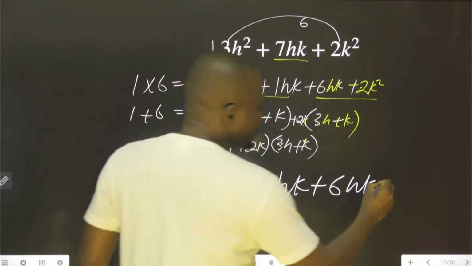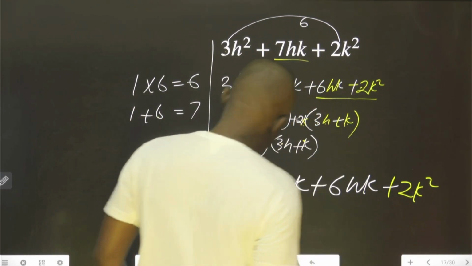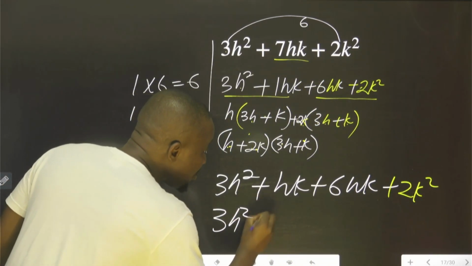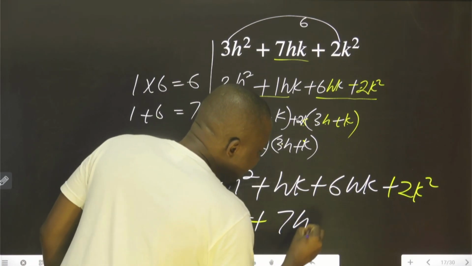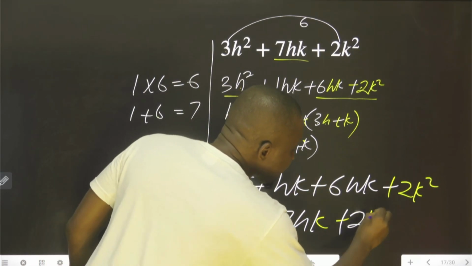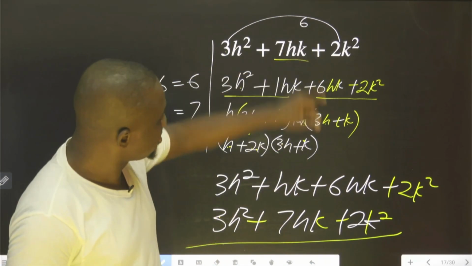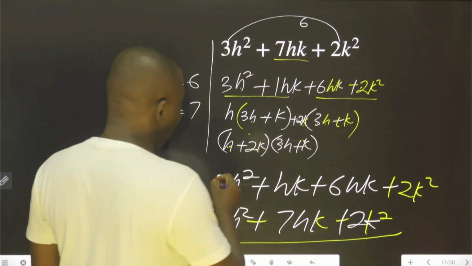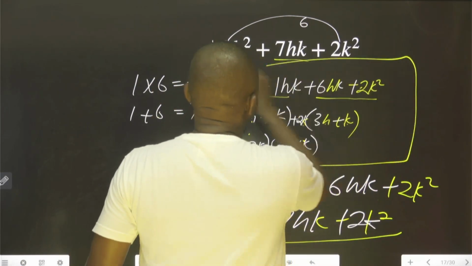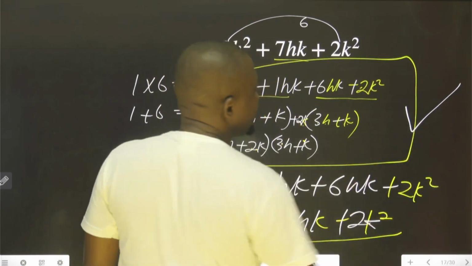This multiplied by this is plus 2k squared. That is 3h squared plus 7hk plus 2k squared. Are we the same? So it means we are correct with our solution. Okay?